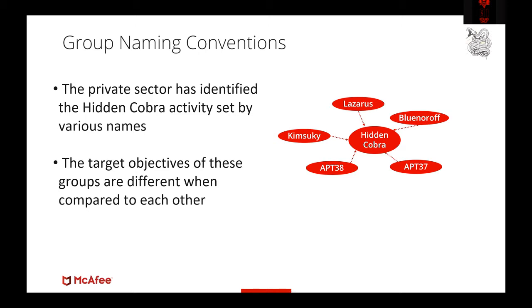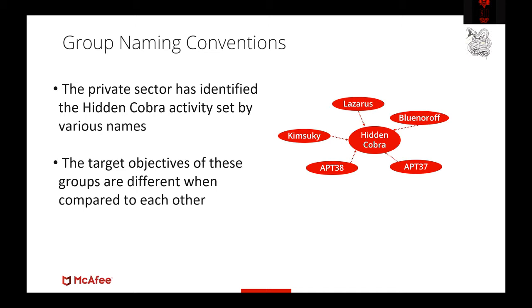However, the target objectives of these different groups differ when compared to each other. Even though they're residing under the same umbrella, different ones like Lazarus versus APT-38 versus APT-37 or Kimsuky have different objectives. So we'll see that Lazarus is targeting a lot of cryptocurrency.